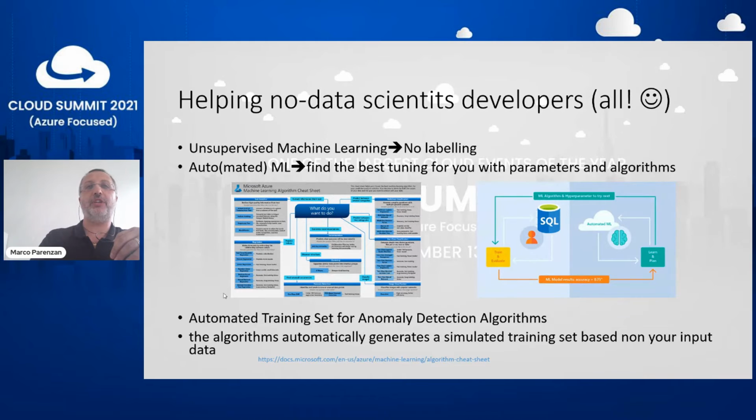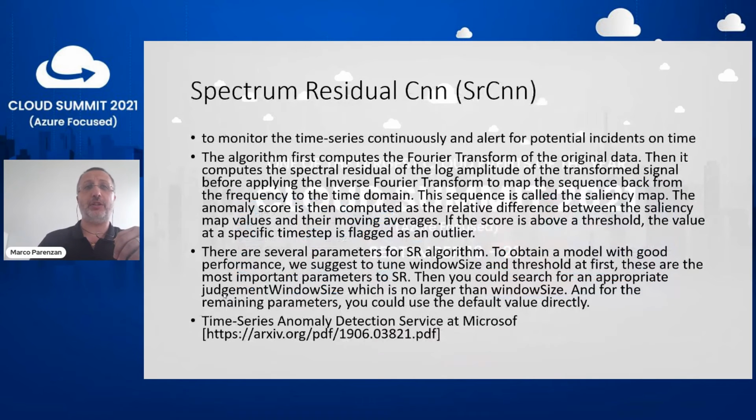Unsupervised machine learning means no labeling, because as a developer, not a data scientist or engineer, I don't spend time labeling the data to say which is true and which is false in order to train my algorithm. I want something automatic. And that's why there are some algorithms.